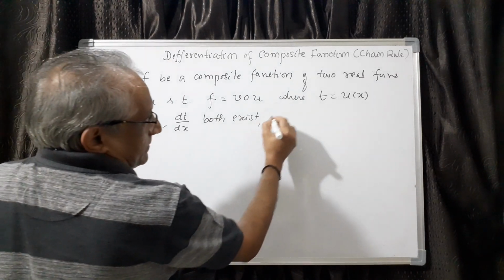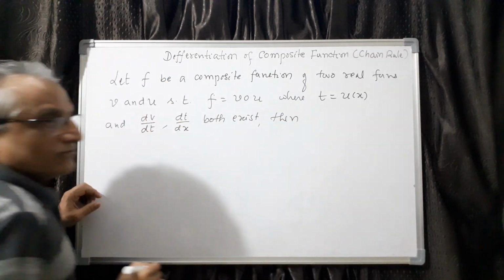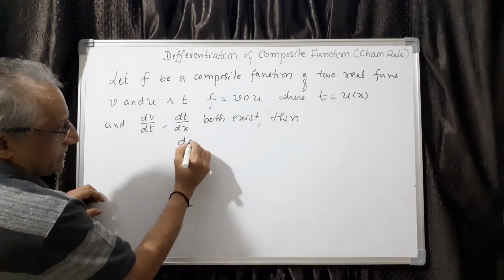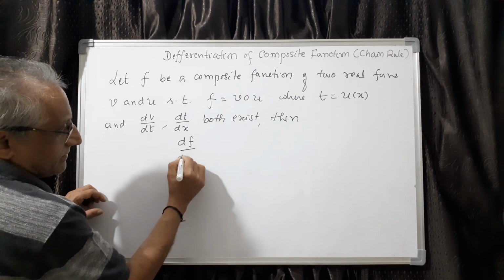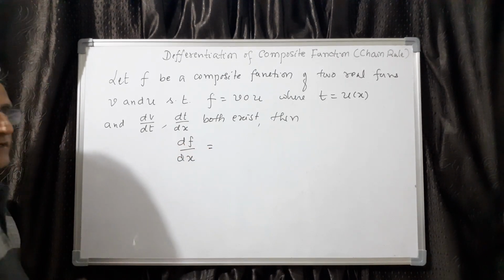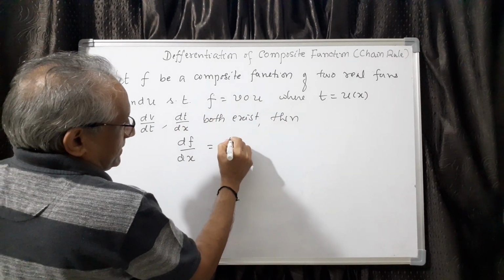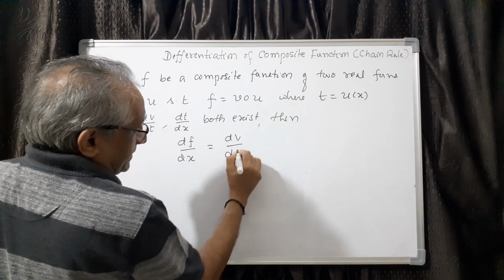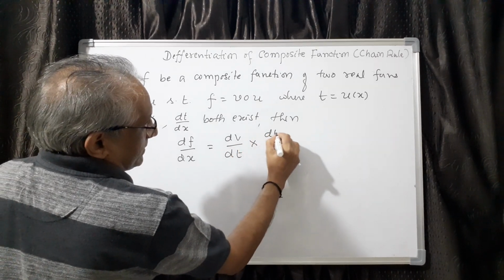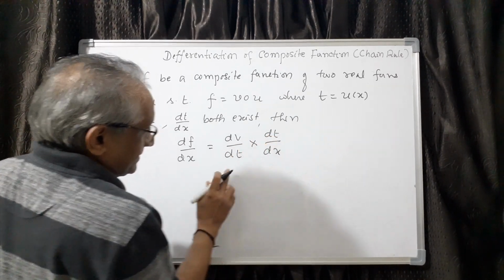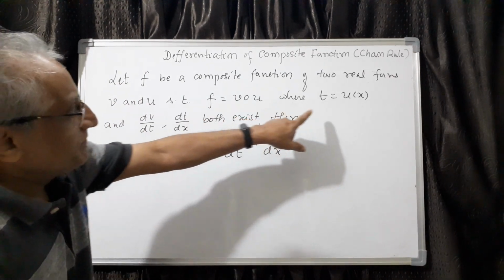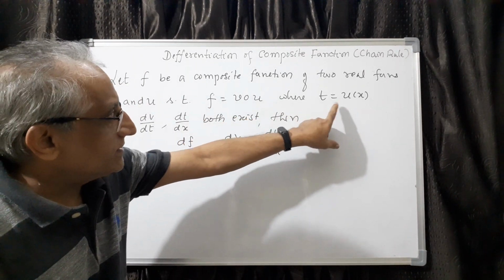Then the chain rule says this: df by dx equal to dv by dt into dt by dx, because t here is u, t is u of x.